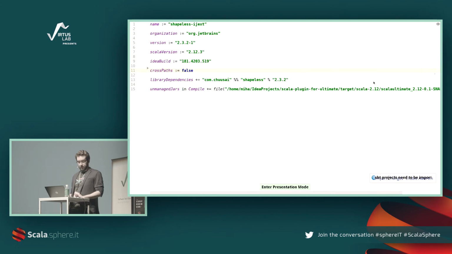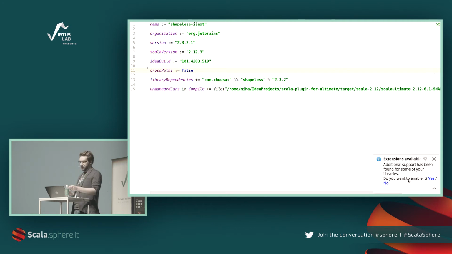Right, we'll just try going back to the presentation mode and refresh the project. This takes a while with our internet. Alright, now it's showing me that there are extensions available, and for a given library, since you see I'm depending on shapeless.